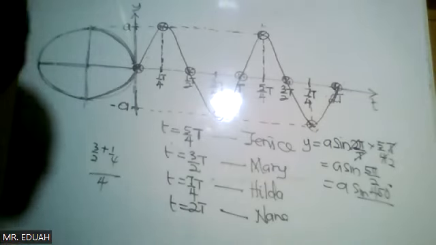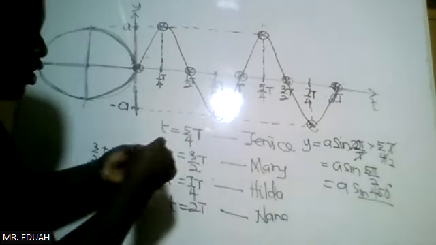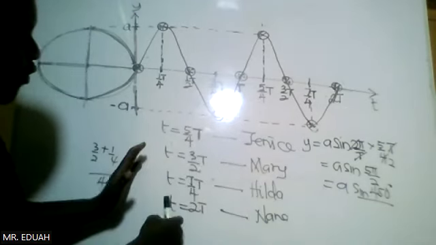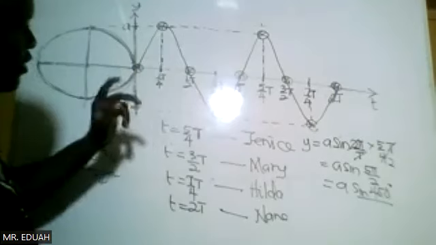Now, you realize that right after one cycle, all that we had for the displacement with the time is repetitive. Look at it. At this time, displacement is 0. At this time, displacement is A. Displacement is 0, displacement is negative A, and then 0.